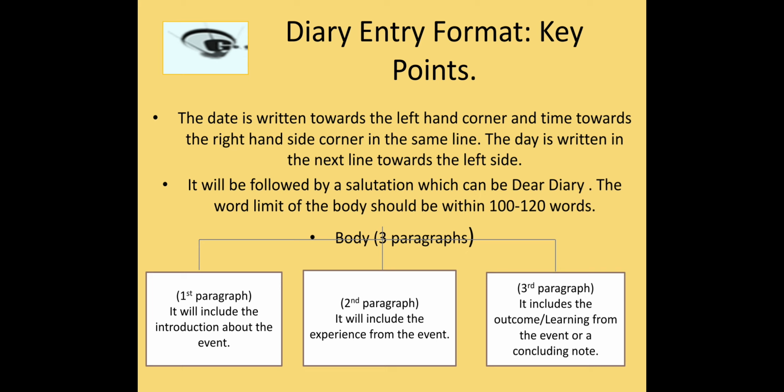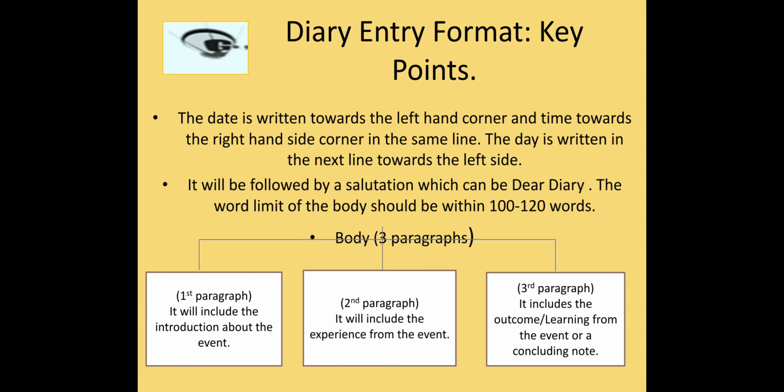There are some key points in the format of the diary entry. The date is written towards the left hand corner and time towards the right hand corner in the same line. The day is written in the next line towards the left side. It will be followed by a salutation which can be Dear Diary.